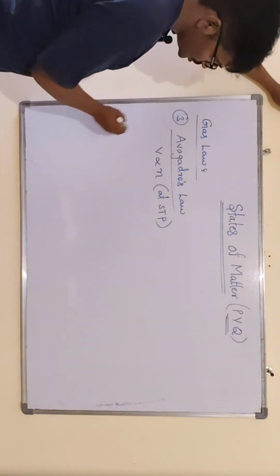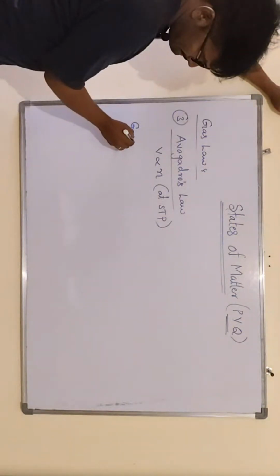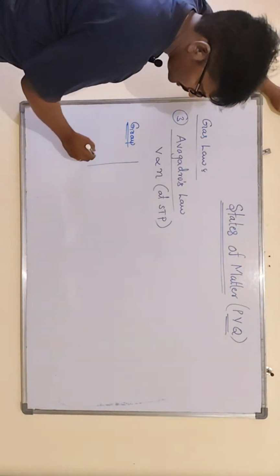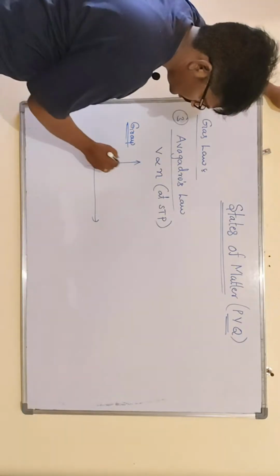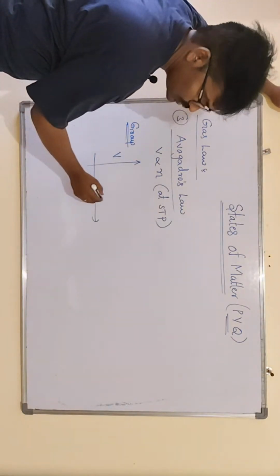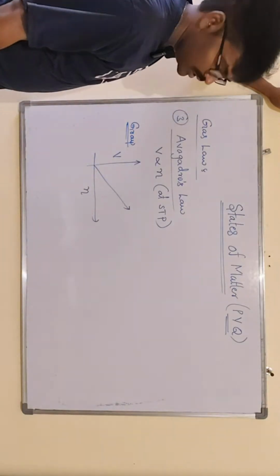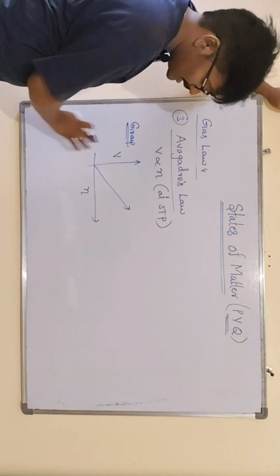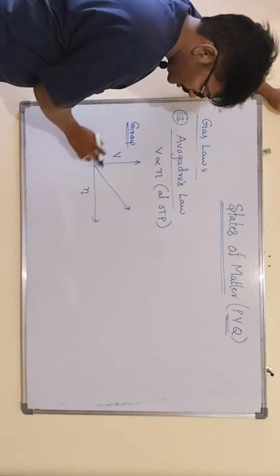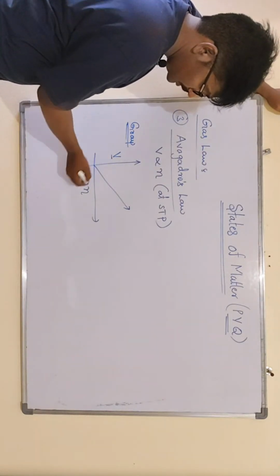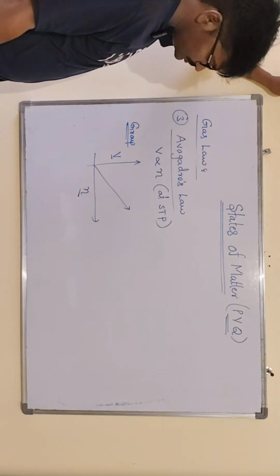If we take the graph between volume and number of moles, we get a curve like this. Okay, a straight line, not a curve. We get a straight line between the volume and number of moles.